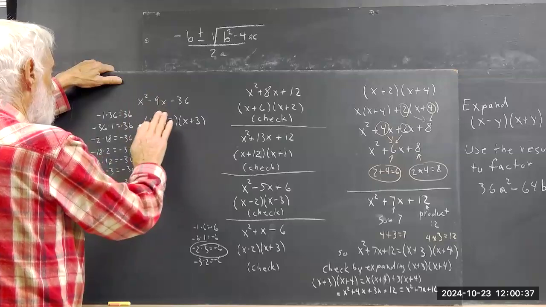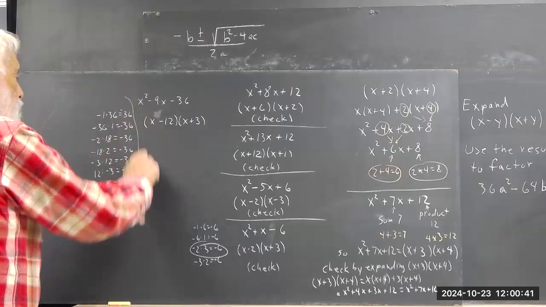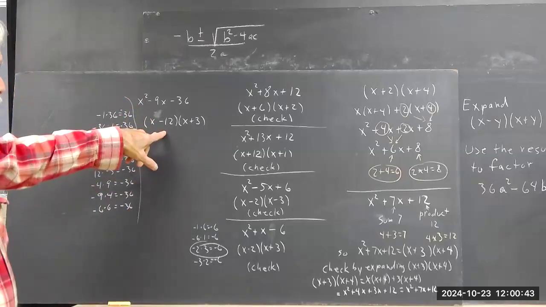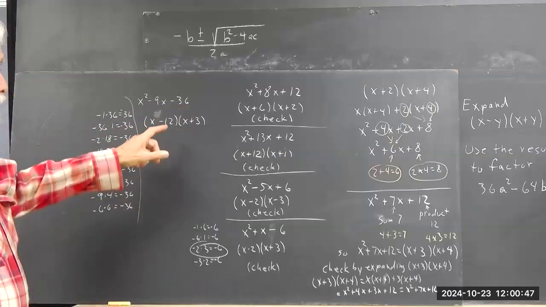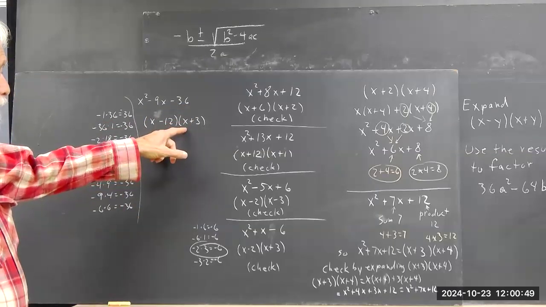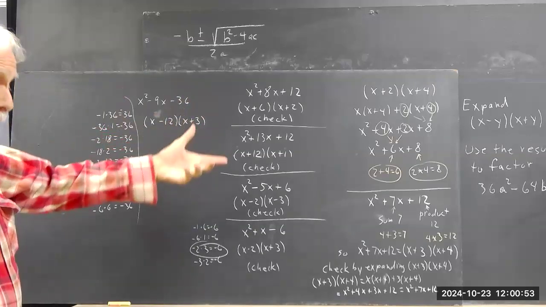And I saw the square and wrote one down. Gotta stop following those visual cues here. Okay. Negative 12 times 3 gives you negative 36. Negative 12 times x gives you negative 12x. x times 3 gives you 3x.